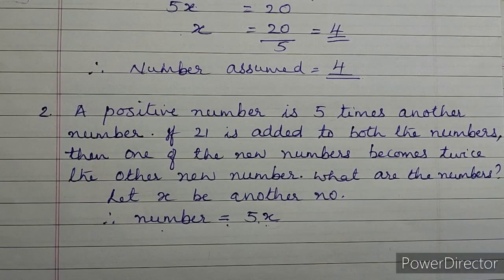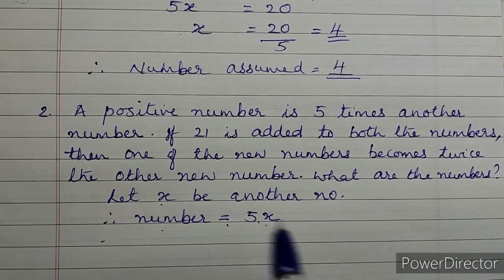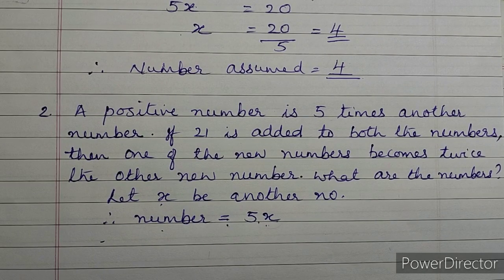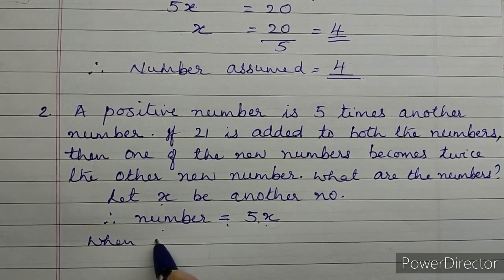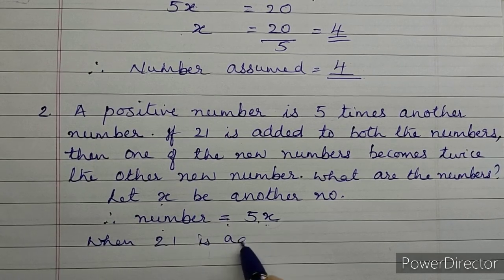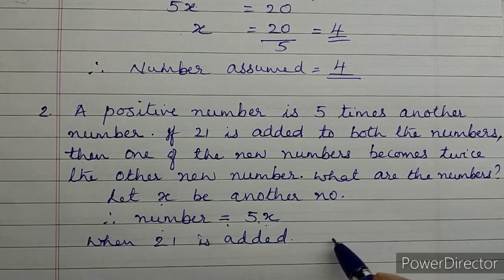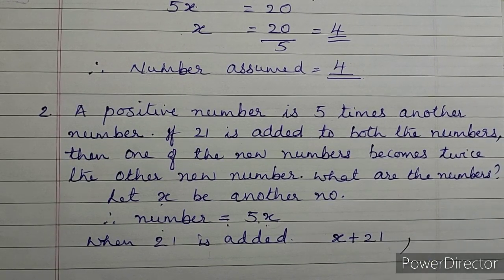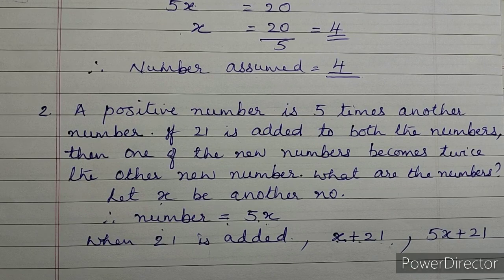Then if 21 is added to both the numbers, so to x also you have to add 21, to 5x also you have to add 21. So when 21 is added, then we get x plus 21 and 5x plus 21. Both the numbers you have added 21. So x plus 21 and 5x plus 21 are the new numbers now.